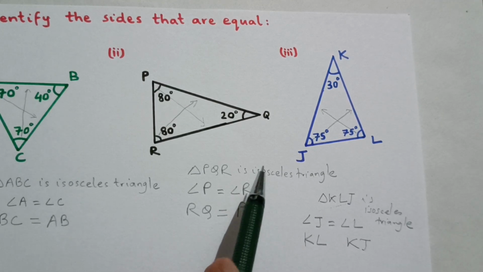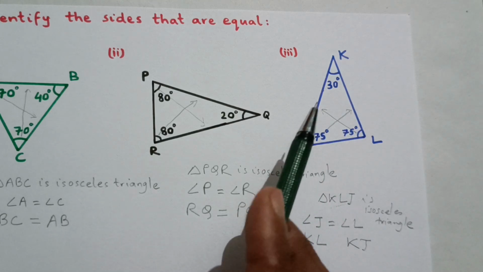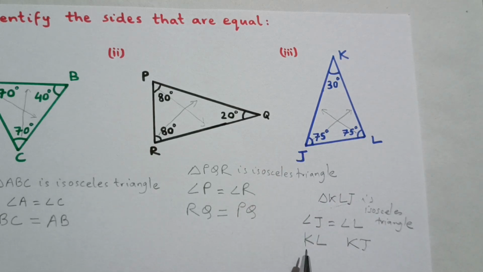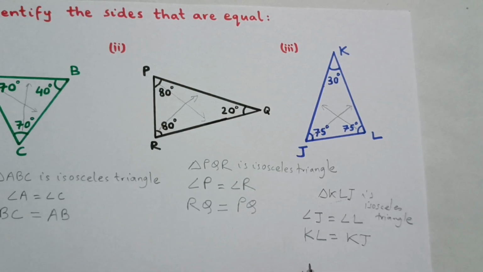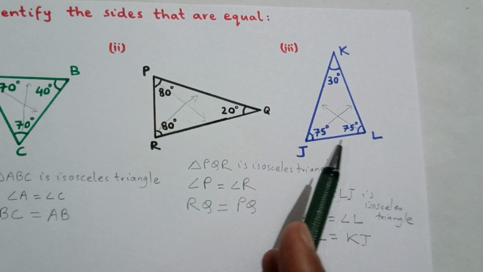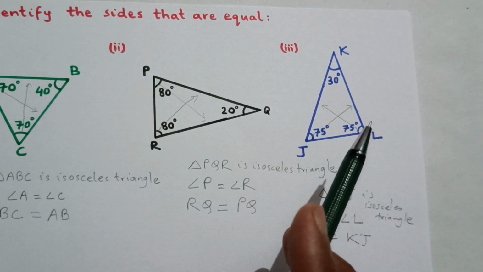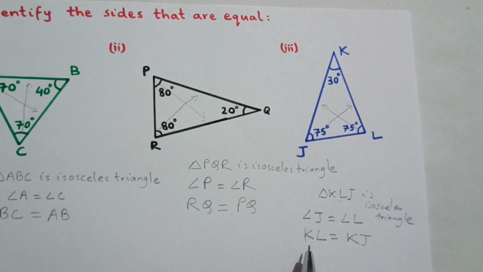So the two sides that are equal to each other in this triangle are KL and KJ. So side KL is equal to side KJ. So we have found out which two sides of this triangle are equal to each other.